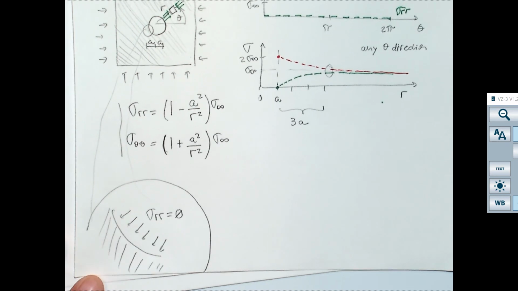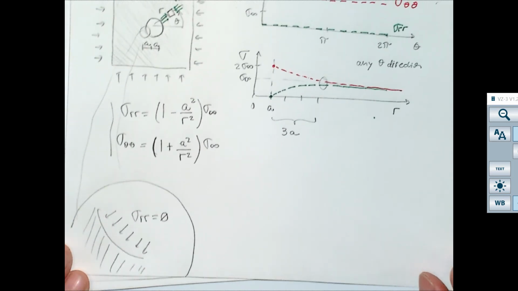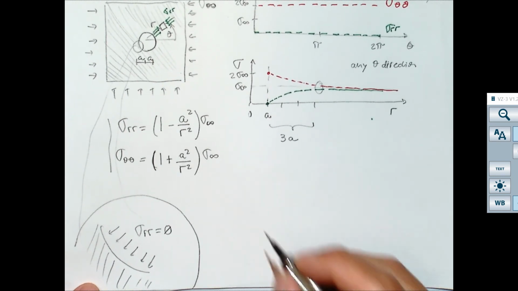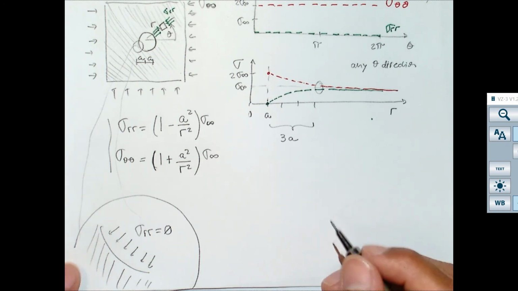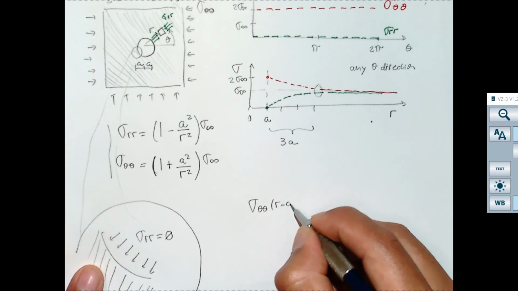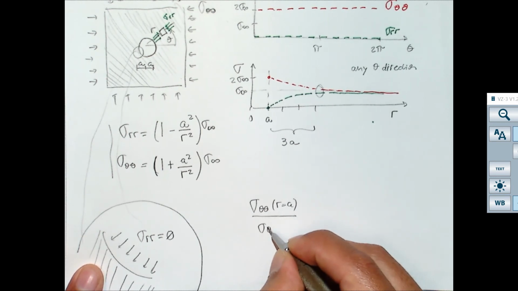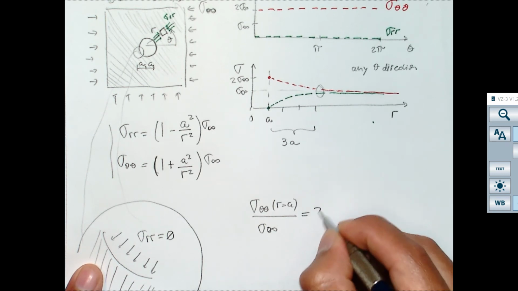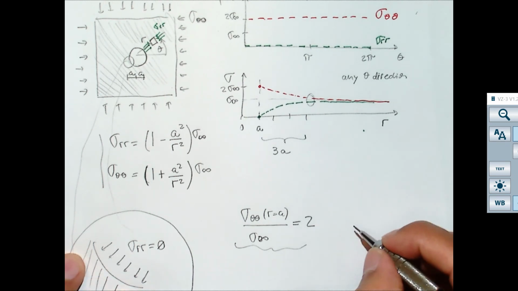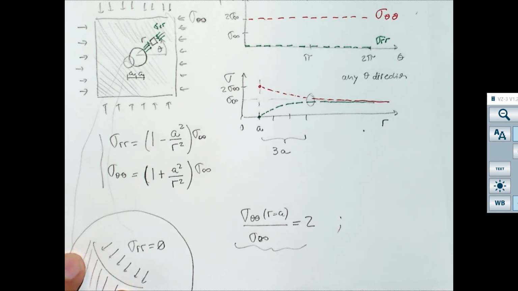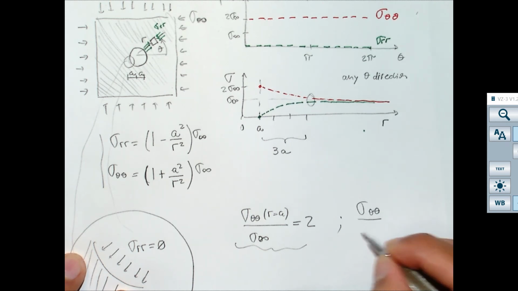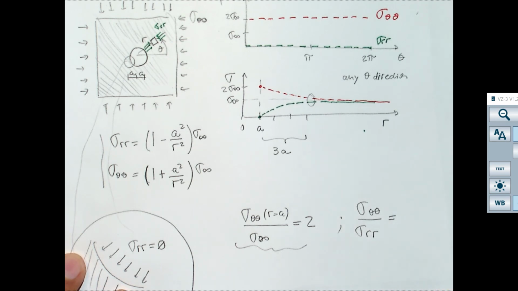Two more things, guys. Just give me 1 minute to finish this concept. Something very important to remember here is what I told you about the stress amplification, that sigma theta theta at r equal to a divided by sigma infinity is equal to 2. That's something that we call stress magnification or stress intensification. And second, notice that sigma theta theta divided by sigma RR is equal to what?